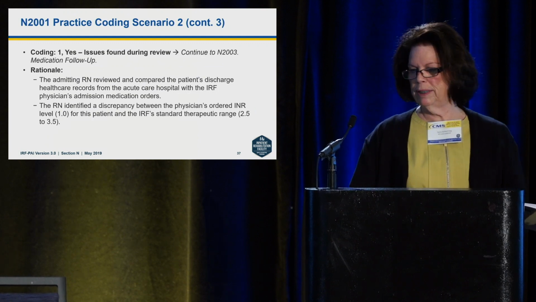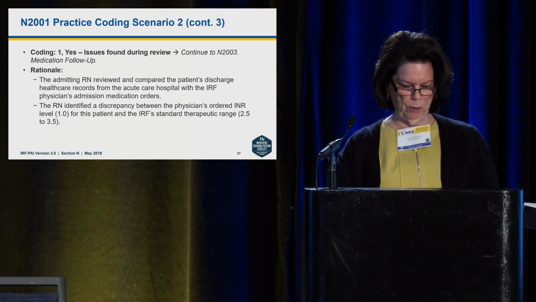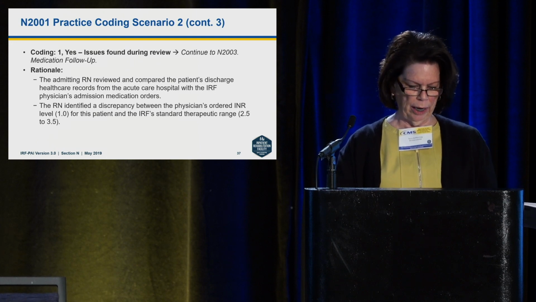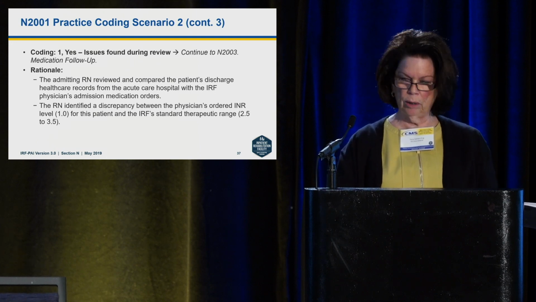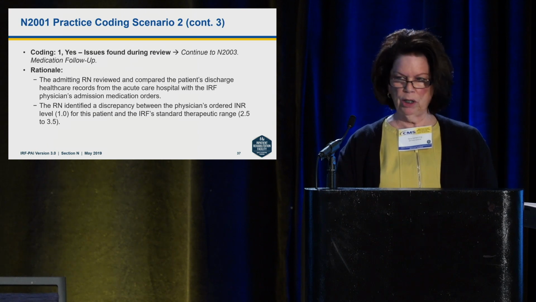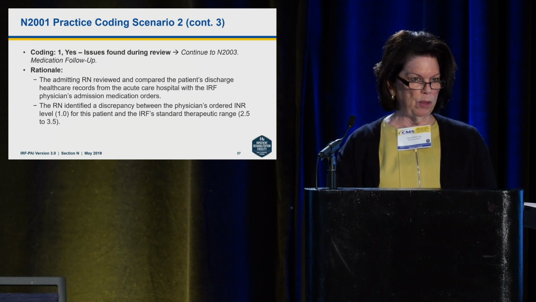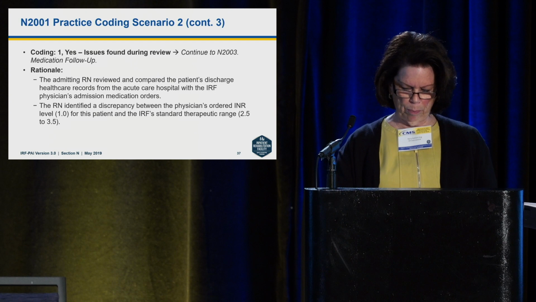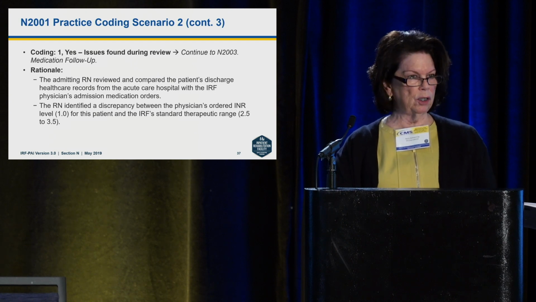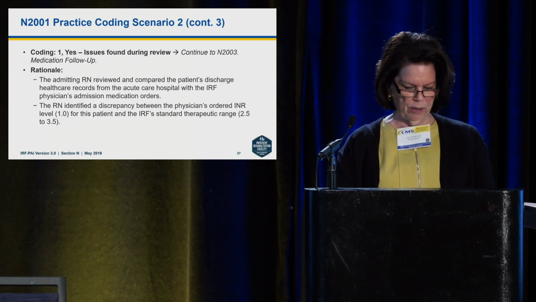And the rationale for this is that the admitting nurse reviewed and compared the patient's discharge healthcare records from the acute care hospital with the IRF physician's admission medication orders. The nurse identified a discrepancy between the physician's ordered INR for this patient and the IRF's standard therapeutic range.